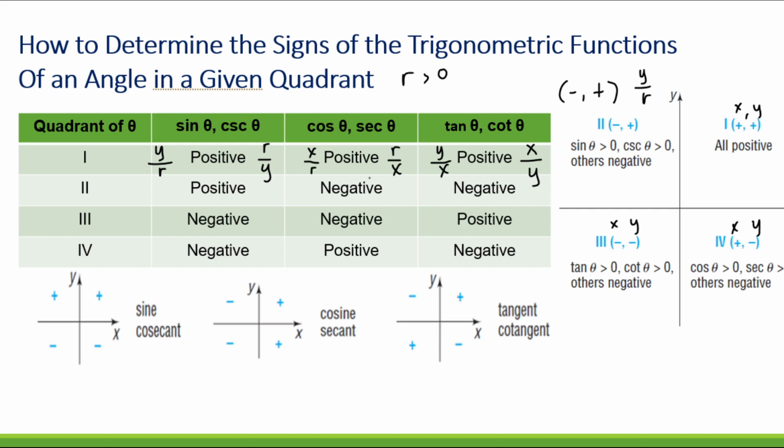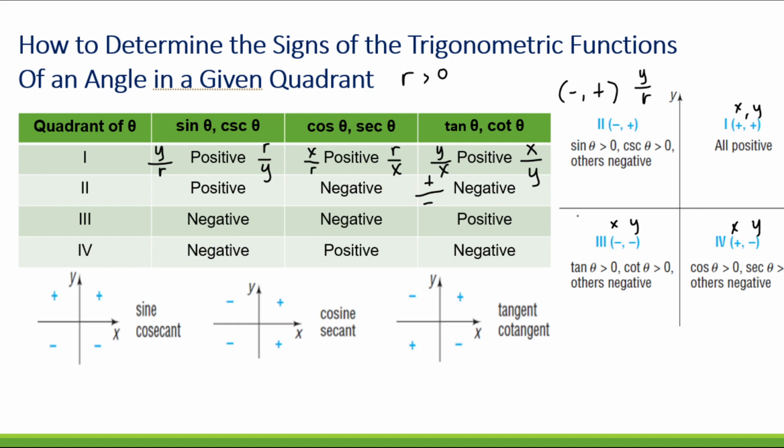The cosine of theta in quadrant 2 is negative because x is negative in quadrant number 2. When we talk about tangent, we have y over x for tangent theta. And looking at quadrant 2, y is positive and x is negative. So positive divided by negative is a negative.